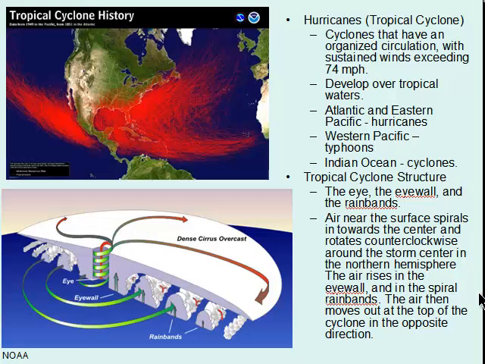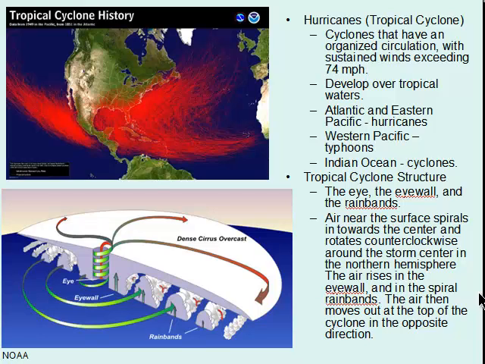So typical structure, you can see in this diagram here, is an eye in the center, eye wall around that clear center, and then rain bands all around. So air near the surface spirals in and rotates counterclockwise, if we're in the northern hemisphere again.